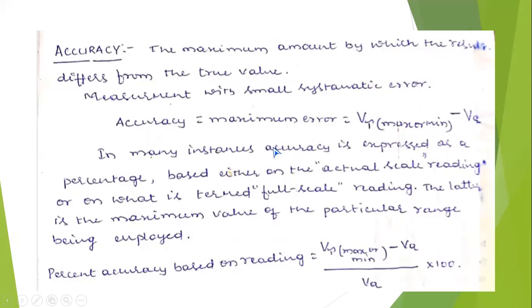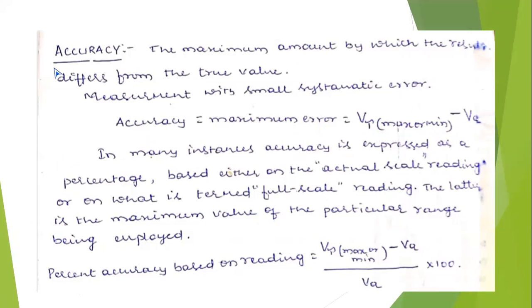See, accuracy can be defined as maximum error equals V_max minus V_A. And next come to the point: the actual scale reading and the full scale reading. These two are very, very important for calculation of any measurement.